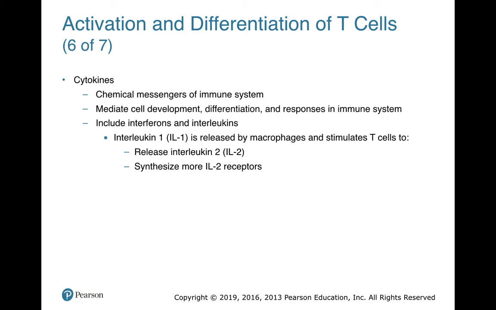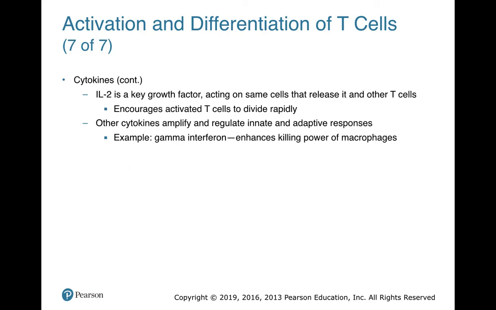But we know some of them are more important in T cell differentiation. Interleukin 1 is a very important one, released by macrophages, stimulates T cells to release another interleukin called interleukin 2, and to make more interleukin 2 receptors. Interleukin 2 is a very important growth factor.